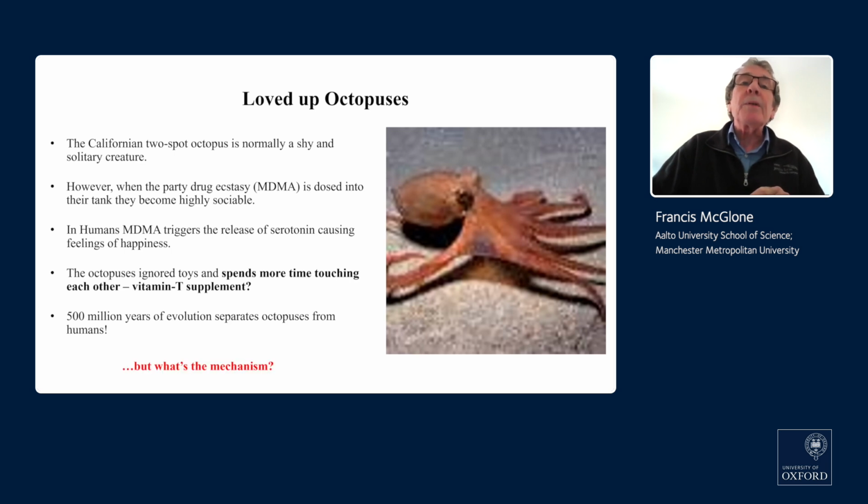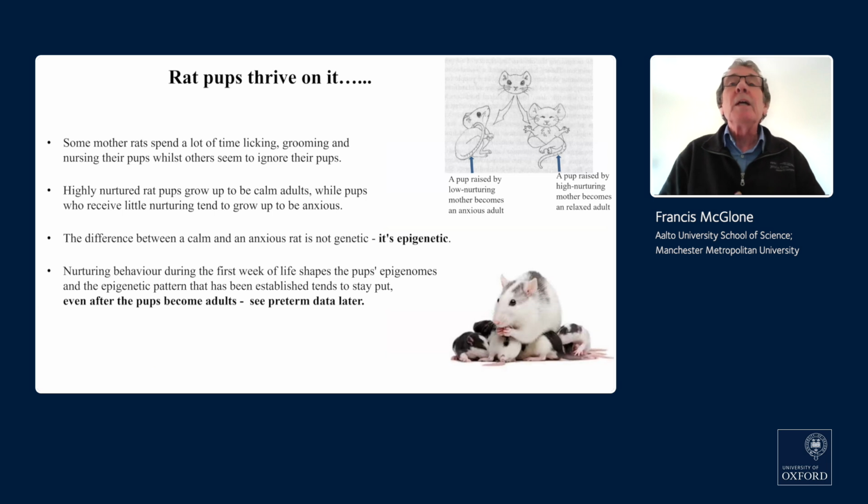If we step up the scale a little bit more to rat pups, this is a study looking at the impact of maternal touching, licking and grooming behavior on a rat's subsequent development as an adult. This study looked at rat mothers who licked and groomed their pups a great deal compared to those that basically ignored them.